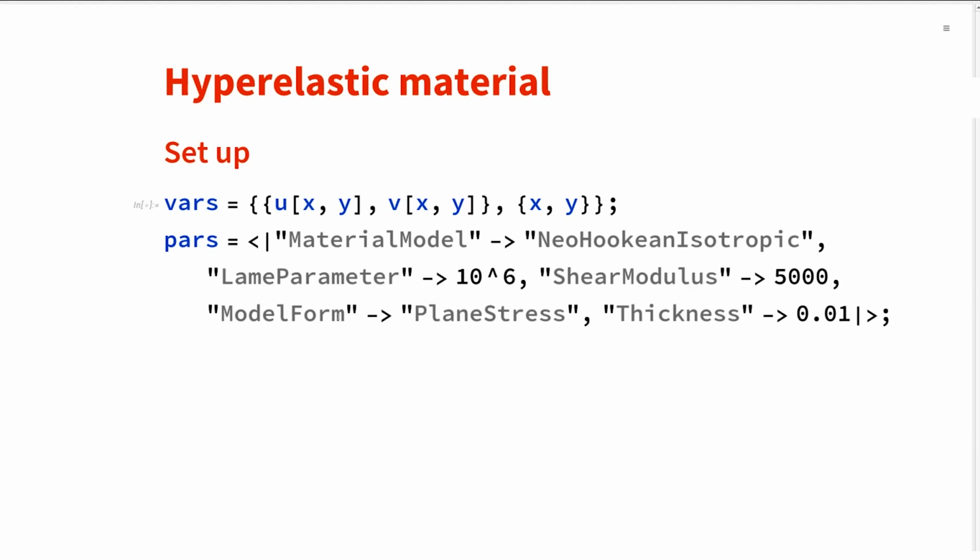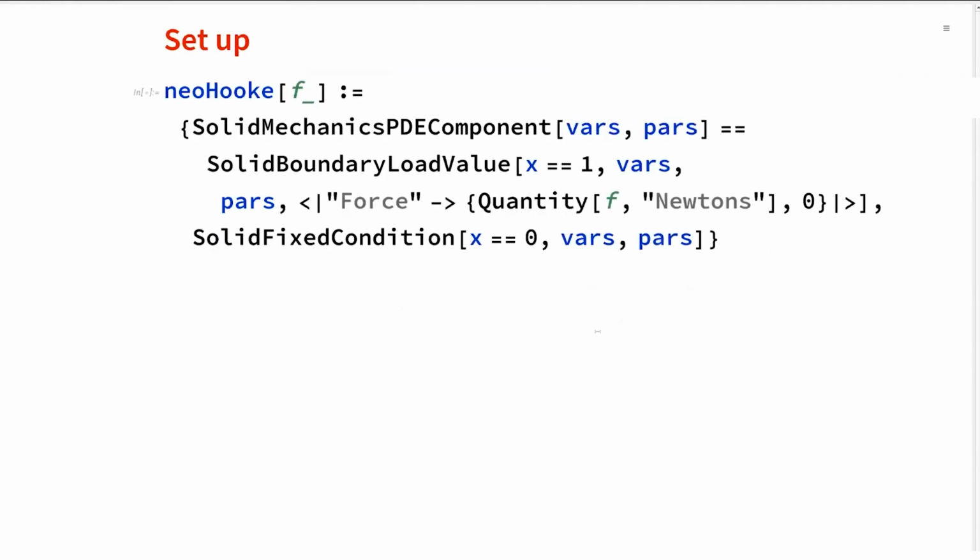This is a plane stress form, so it uses the plane stress formulation, and for plane stress we also need to specify a thickness. The exact details of what these parameters are and how to use them are in the documentation, and there's a large monograph actually specifically on hyperelastic materials that explains the theory behind all of this.